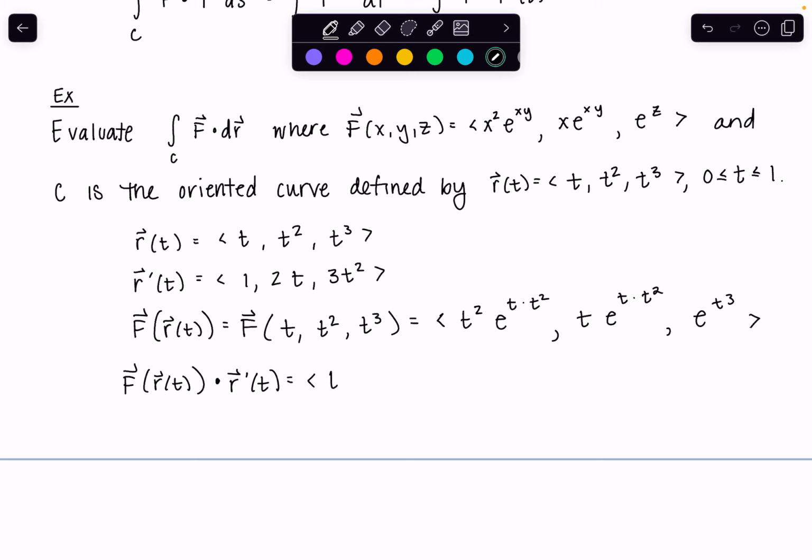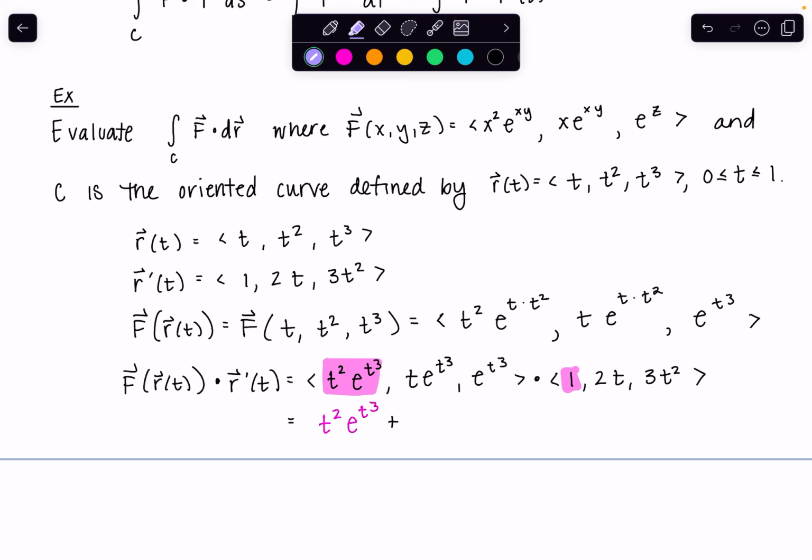So I'm going to take t squared e to the t cubed, t e to the t cubed, e to the t cubed, and dot product it with 1, 2t, and 3t squared. When I do the dot product, I just multiply those like components and add them together. So this gives me 1 times t squared e to the t cubed.